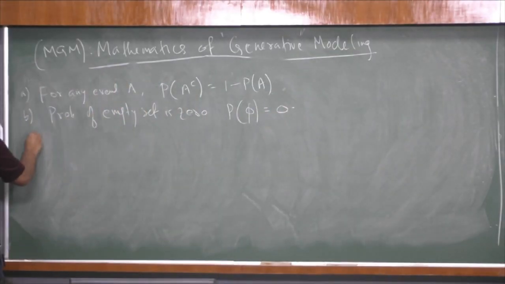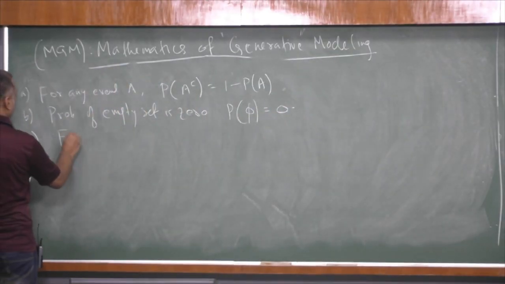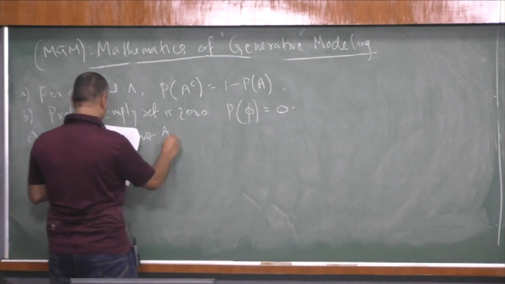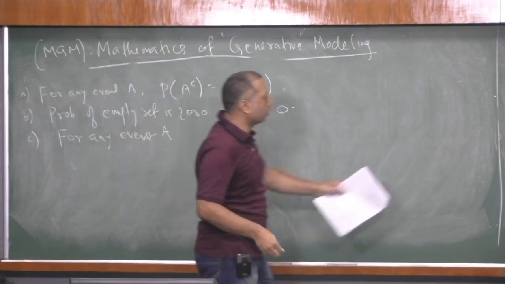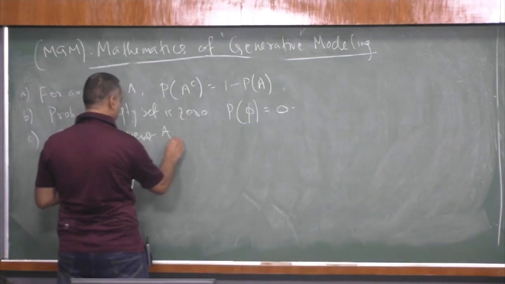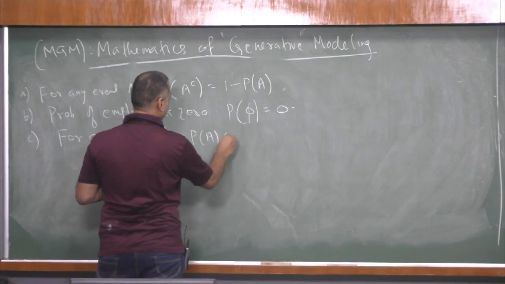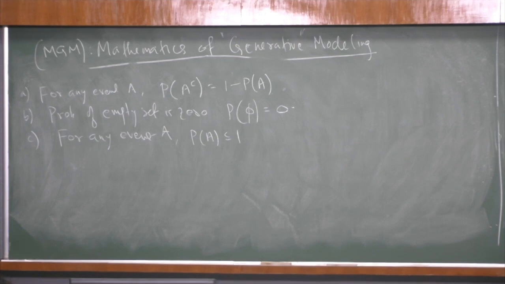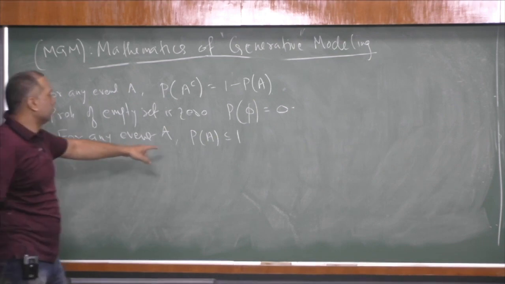And for any event A, as we said, the bounds are between 0 and 1. So it's evident that probability of A is less than or equal to 1. It's evident from the axioms, but you still have to prove this.